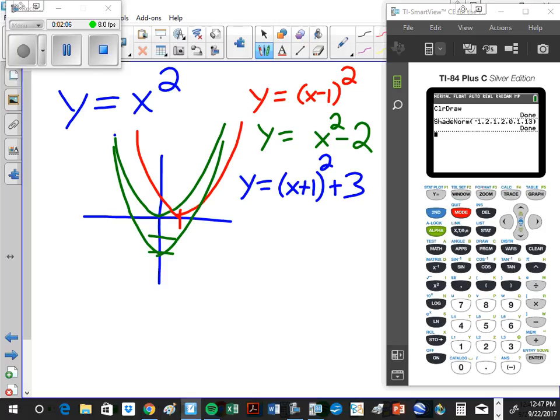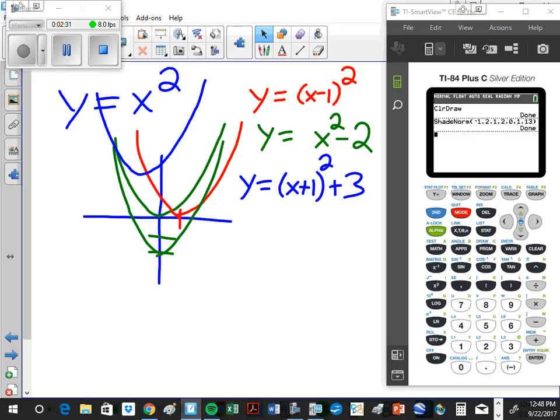If I were to draw a parabola, I could go left 1 and up 1, 2, 3, and I'd land right there. Or I could go up 1, 2, 3, and left 1. Is that the same place? Yes. Does it ever matter what order you do them in? Yes. If there's a reflection, then the order sometimes matters.